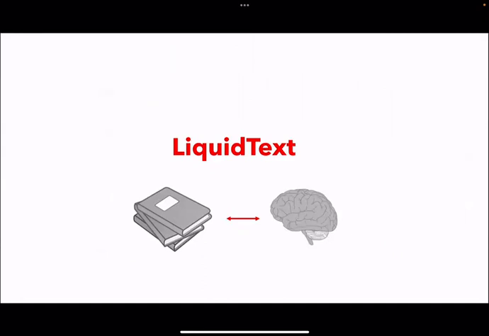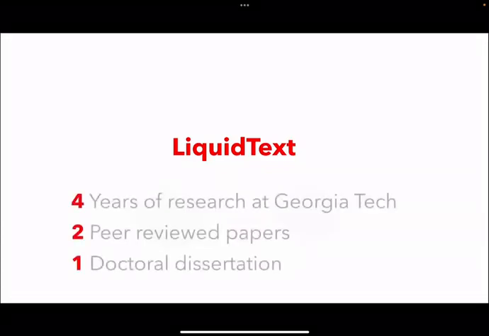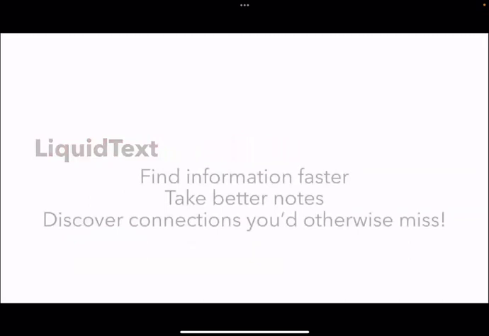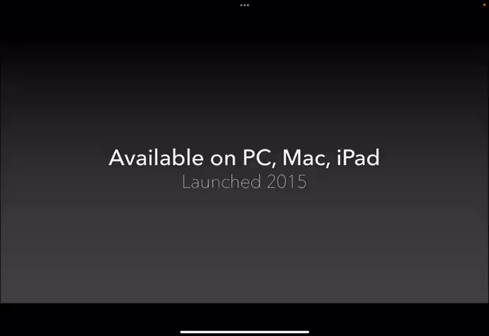Let's study how people think and build something based on that. So we did 4 years of research at Georgia Tech, 2 peer-reviewed papers, and my doctoral dissertation, trying to study and solve this problem. The result is something that we hope will help you find information faster, take better notes, and discover connections that you would otherwise miss.